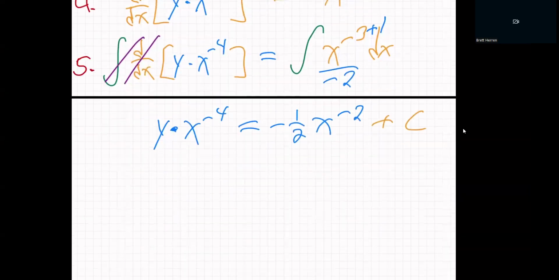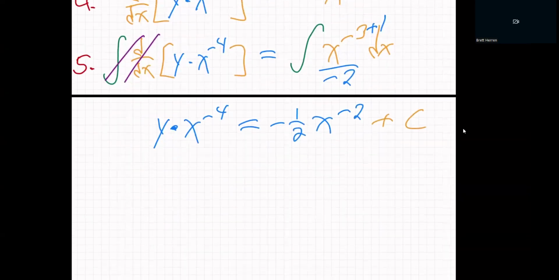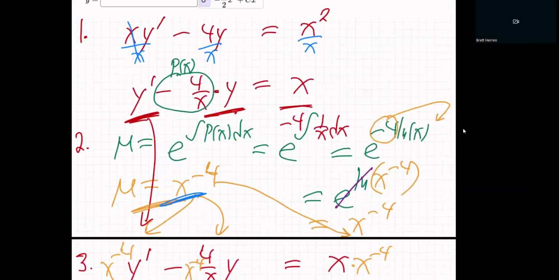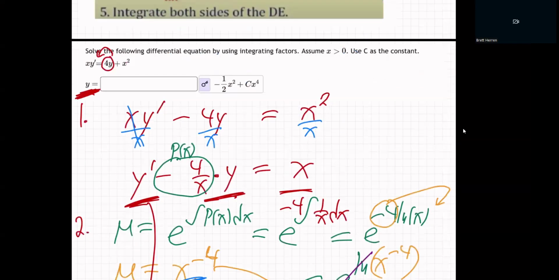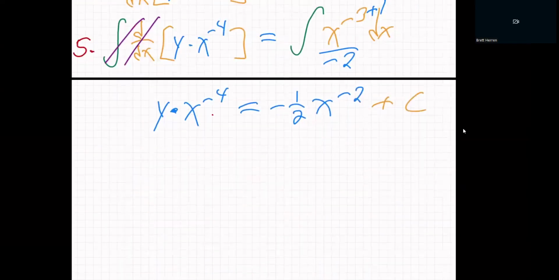Last step, we've got to get y alone, because in the end, that's what we want. What does y equal? So multiply through by x to the positive 4, because those will add. The x to the 0 is 1. That'll get y alone.